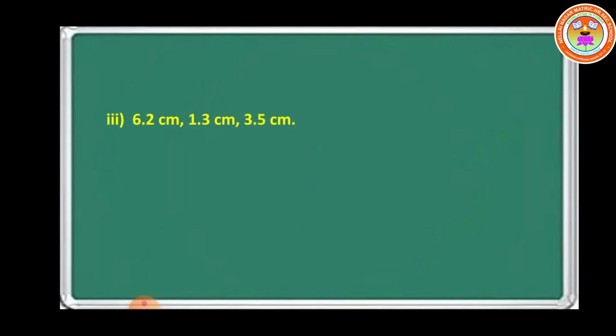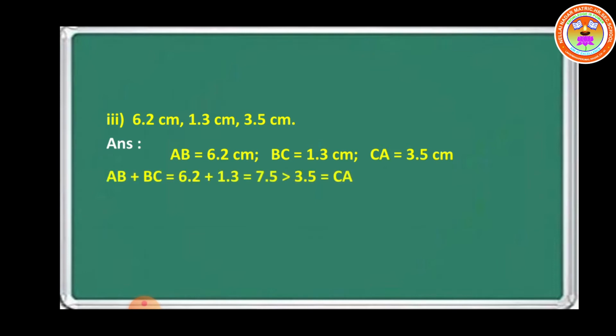6.2 cm, 1.3 cm and 3.5 cm are the given sides. Let us take the sides AB equal to 6.2 cm, BC equal to 1.3 cm and CA is equal to 3.5 cm. Now AB plus BC equal to 6.2 plus 1.3 which is equal to 7.5 which is greater than 3.5. 3.5 is nothing but CA.